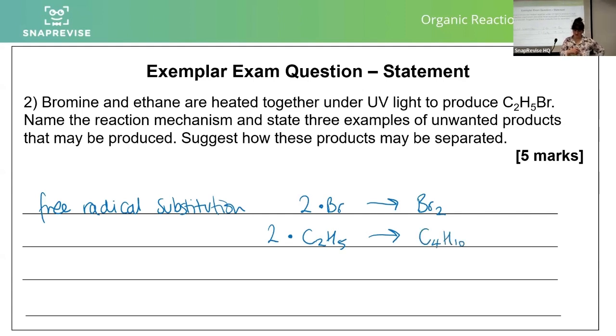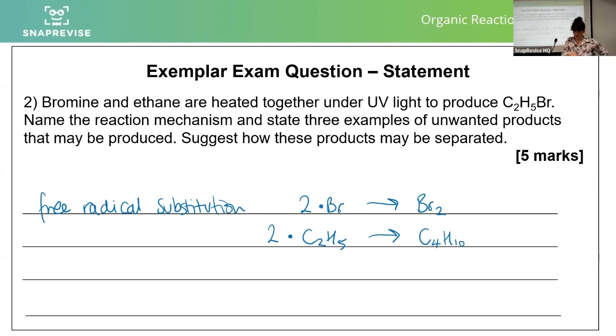Or you could write the full structural formula for it as well, if you wanted. So C4H10, that's another unwanted side product. Or what else? Technically, you could have a further substitution. So Br2 and C4H10, those are my 2 unwanted side products.